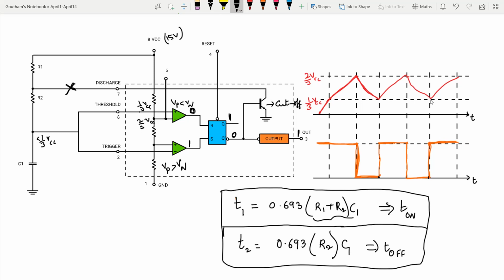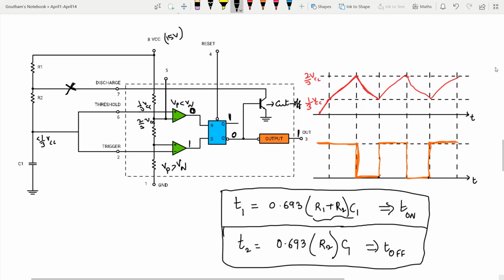Once it discharges to 1/3 VCC, the capacitor starts charging again, this transistor is cut off, and this route is cut off, so now the capacitor gets charged through R1 and R2. This goes on between 2/3 VCC and 1/3 VCC, so the output will be a square wave, and it goes on until you switch it off.